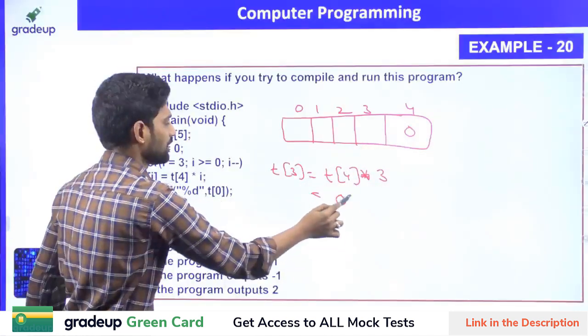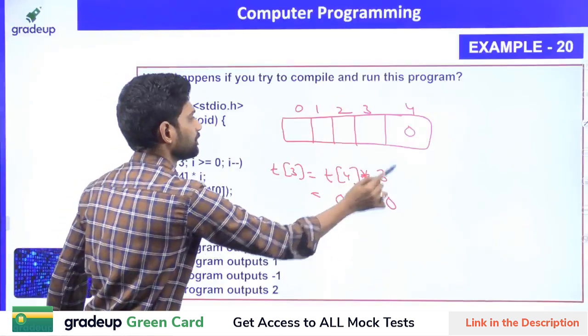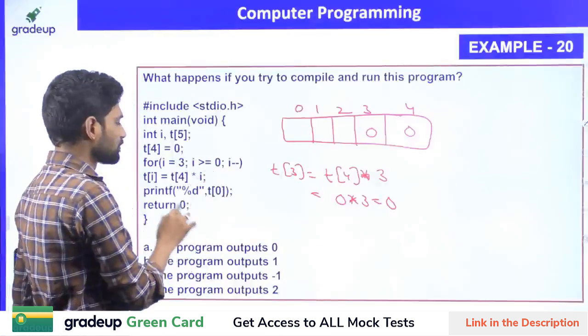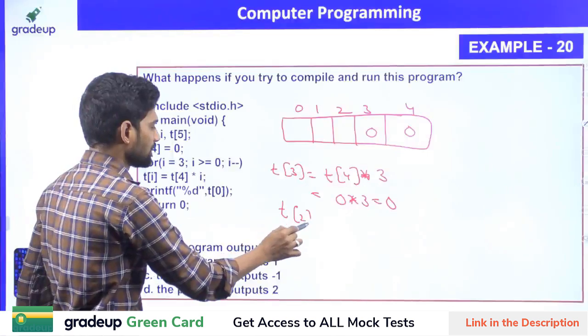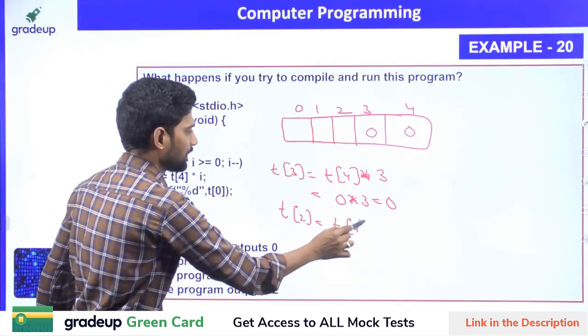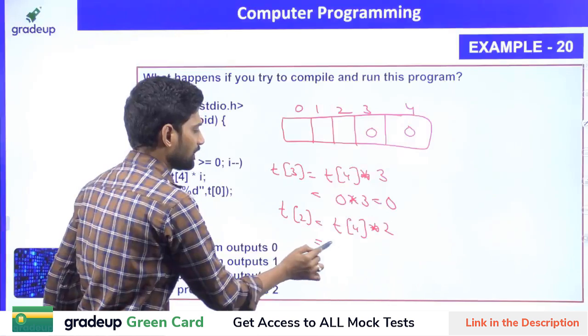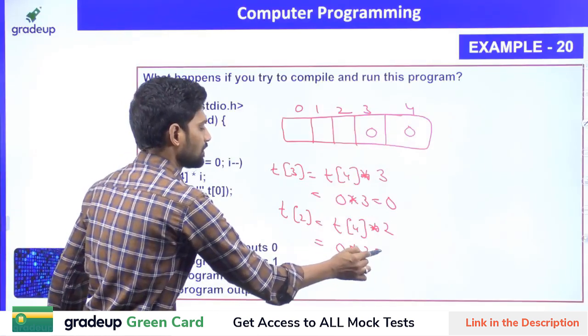What is t[4]? 0 multiplied by 3, that is 0. Then i becomes 2. t[2] is also multiplied by t[4]. So everything is multiplied by t[4].